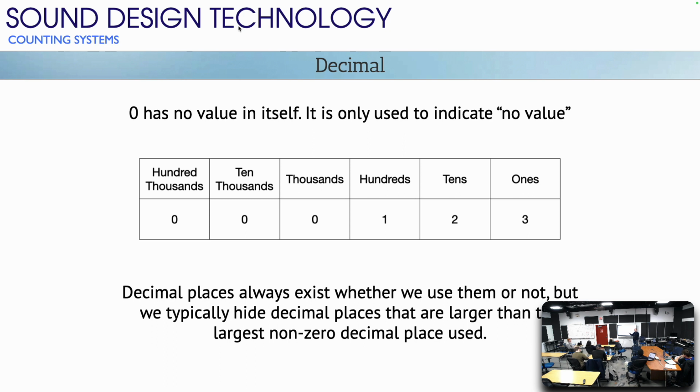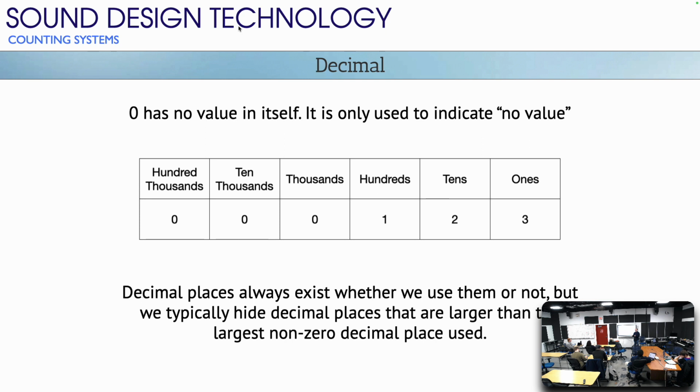But knowing that they are always there is really important, especially when it comes to thinking about how computers look at numbers, okay? Because the computer does look at them. The computer doesn't hide them. It knows that those leading zeros are there, and it has to count them in order to do anything, which is why, for example, storing a value of 1 takes the same amount of space on your hard drive as storing a value of 256.